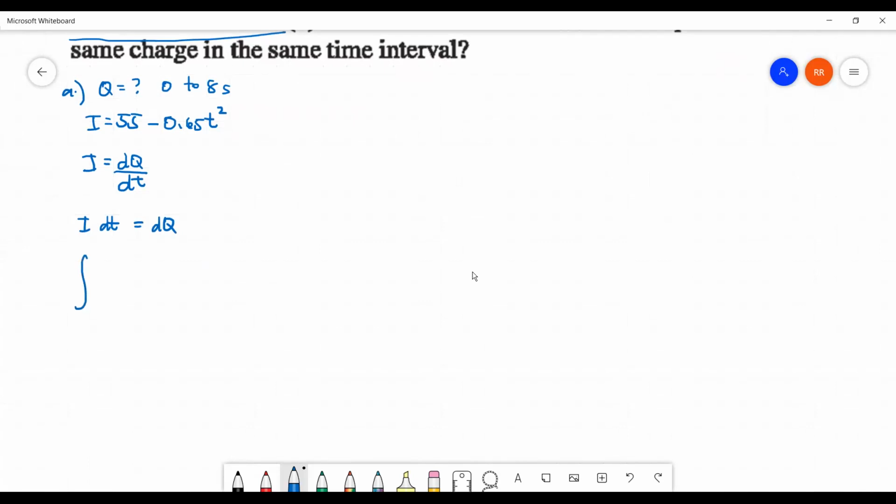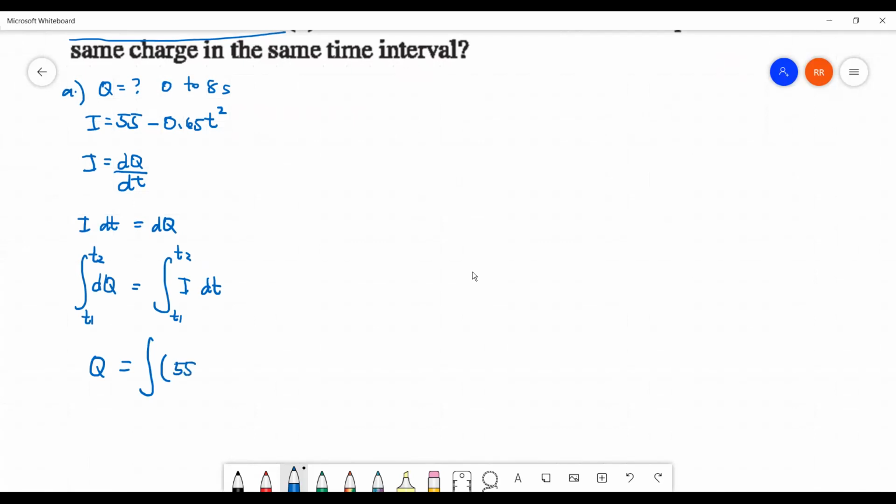So we integrate dq from time 1 to time 2. Therefore, we also get the integral of I as a function of time dt from t1 to t2. So the integral of dq is just, of course, the total q, right? And then we substitute I here.